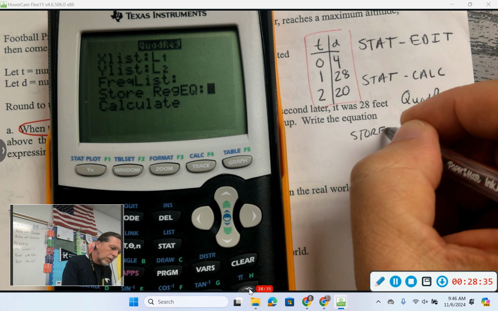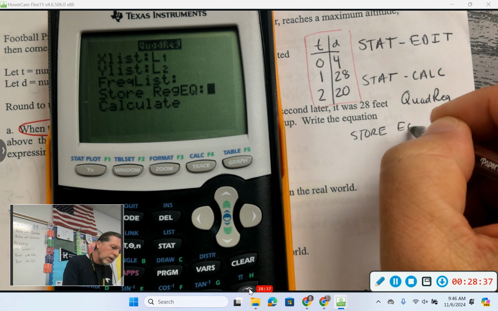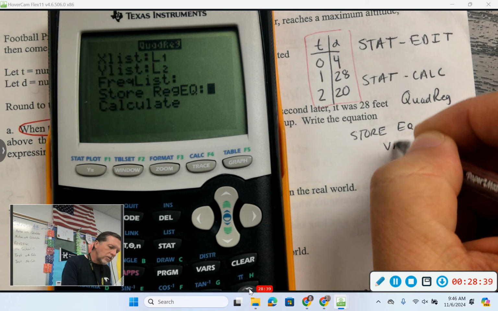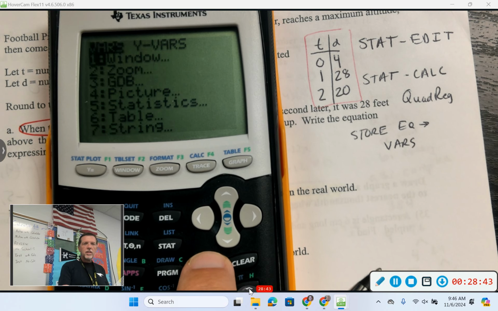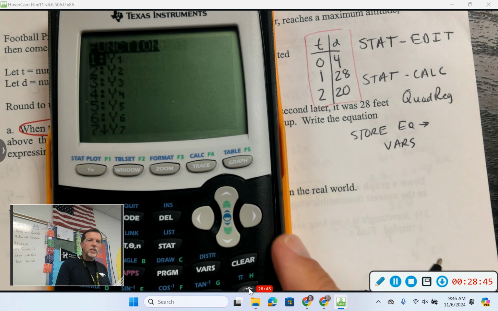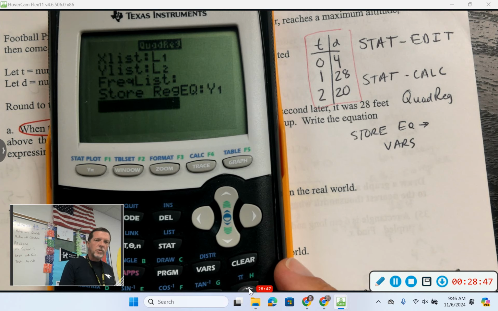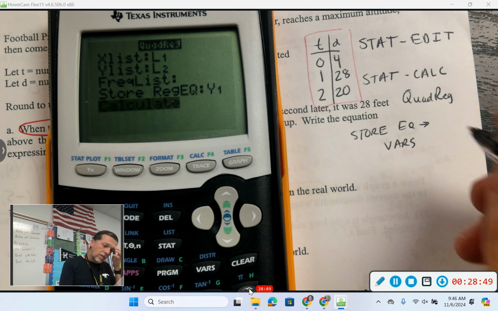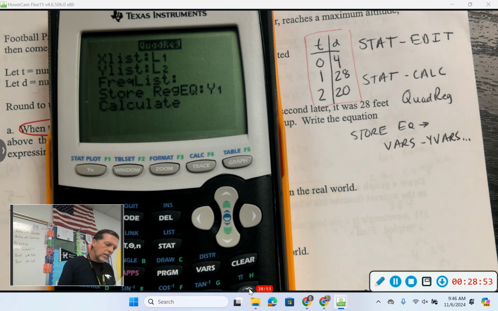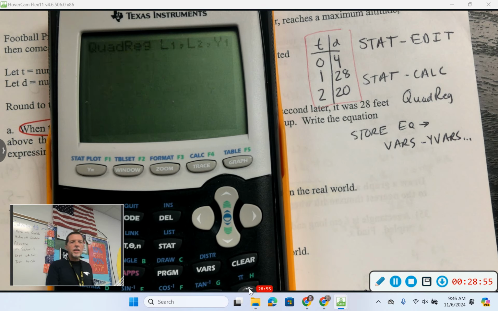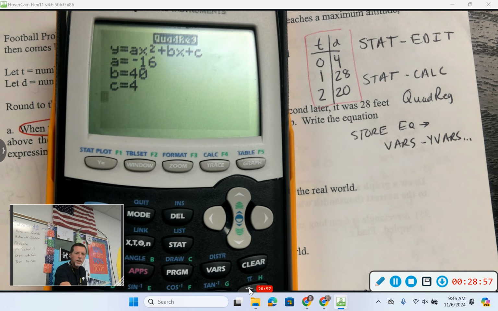So this is not required, but if you want to store the equation, then you got to go vars and find Y1. Vars, yvars, function, Y1. And then you hit calculate, and it will tell you what A, B, and C are.